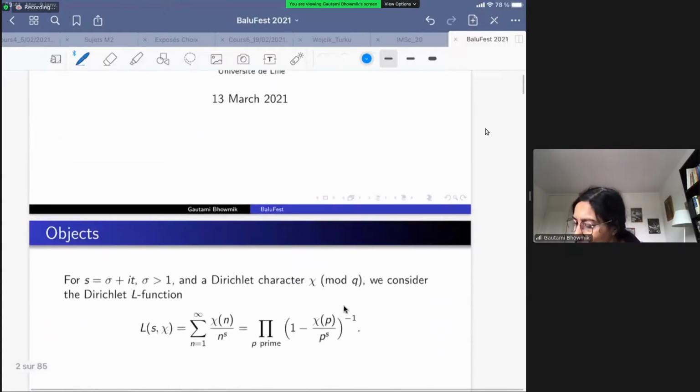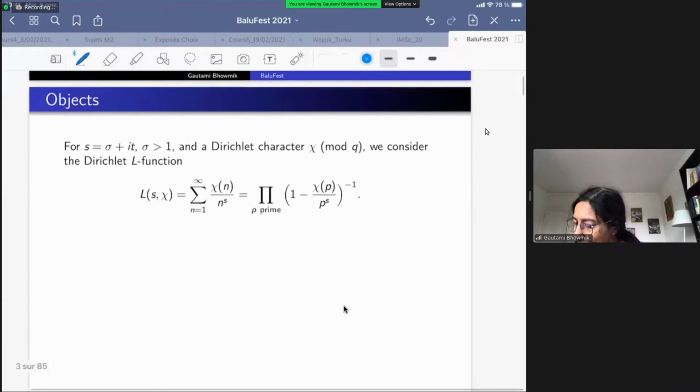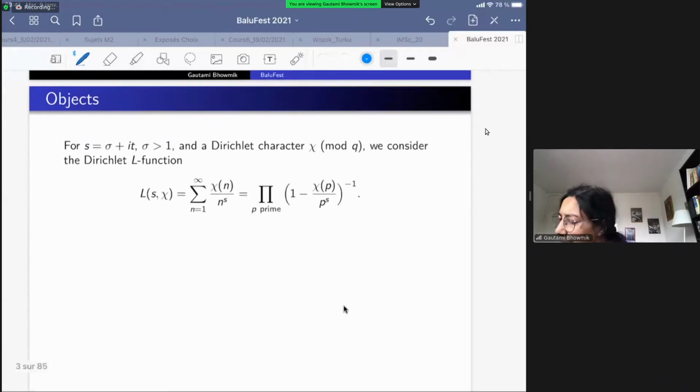So what do I have? I have a Dirichlet character chi, which is modulus some Q, and I consider the L function associated to it, which is the sum of chi of n by n power s and can be written as an Euler product.